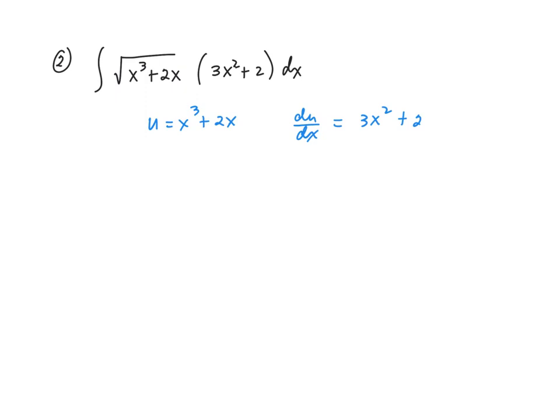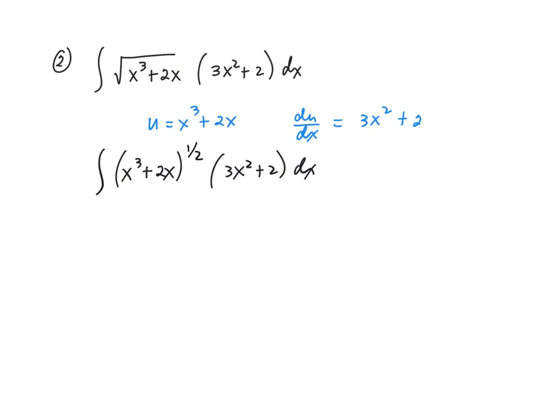So we can now transform the given expression using this new information that we have laid out. But actually first, let's get rid of this radical symbol, the square root symbol. Let's rewrite this first function as x cubed plus 2x to the power of 1/2, then just copy the second one, 3x squared plus 2 dx.